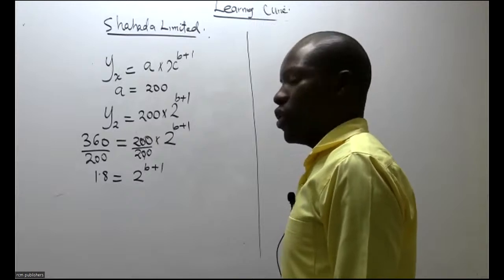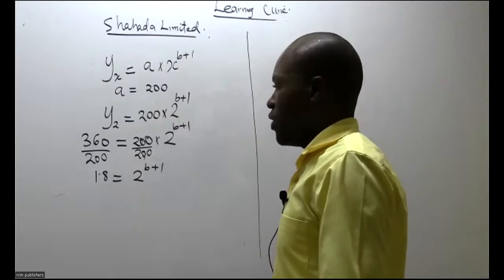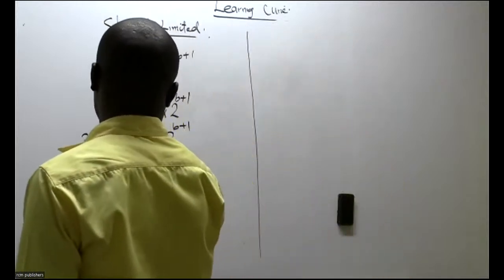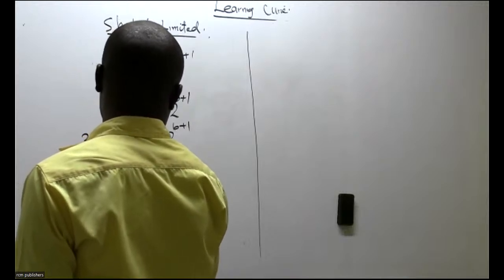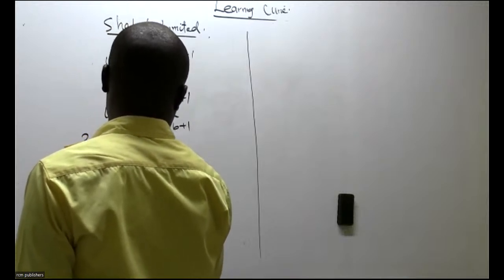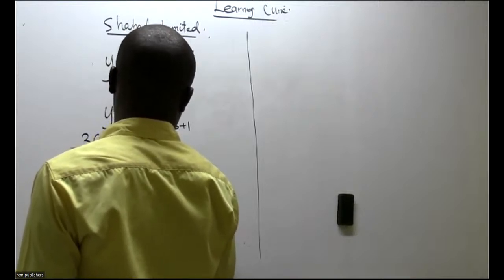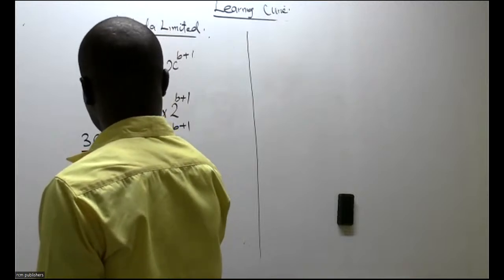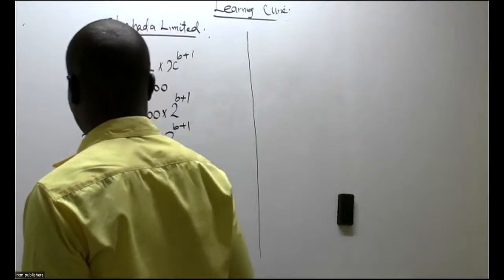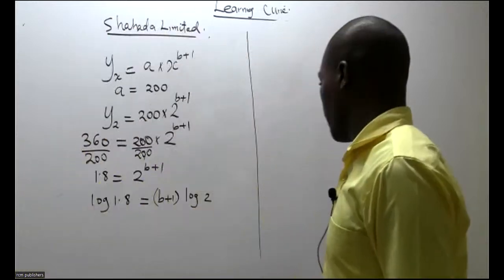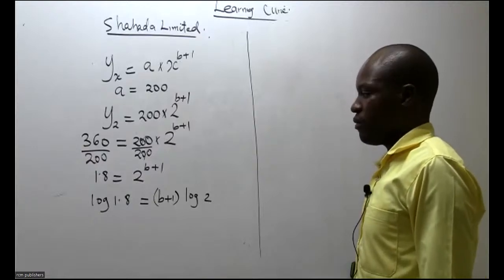So what do I need to do? For me to work out this one in a simple way, introduce log. So I will say, on this other side, B plus 1 log 2 is equivalent to log 1.8.